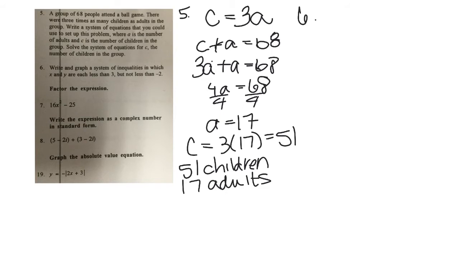Number 6. Write and graph a system of inequalities in which x and y are each less than 3. So x is less than 3, y is less than 3, but not less than negative 2. So that means they're greater than negative 2. So x and y have to be between negative 2 and positive 3.